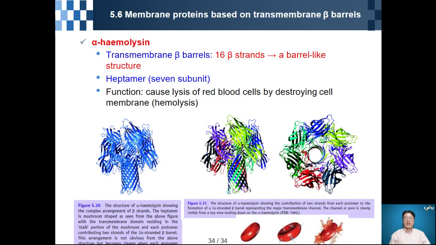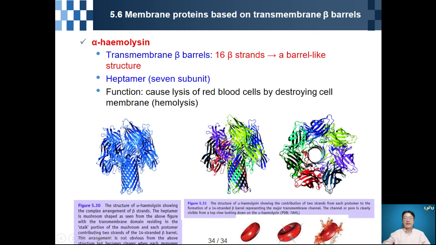In this slide, I will explain alpha hemolysin, which has a transmembrane beta barrel. Alpha hemolysin is composed of two main subunits. The first subunit is the transmembrane beta barrel. They are composed of 16 beta strands, and they make a barrel-like structure. They also have an additional head group, a heptamer with 7 subunits.